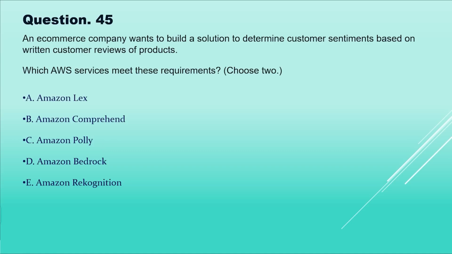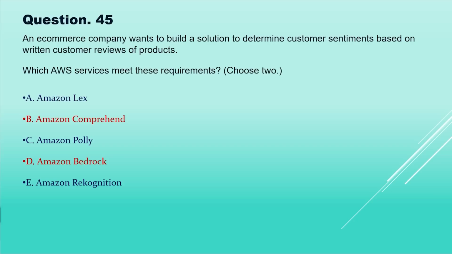And the correct answer here will be options B and D, Amazon Comprehend and Amazon Bedrock. Because Amazon Comprehend is a natural language processing service that uses machine learning to uncover insights and relationships in text. It offers sentiment analysis capabilities out of the box, which can directly determine the sentiments, positive, negative, neutral or mixed, expressed in customer reviews.